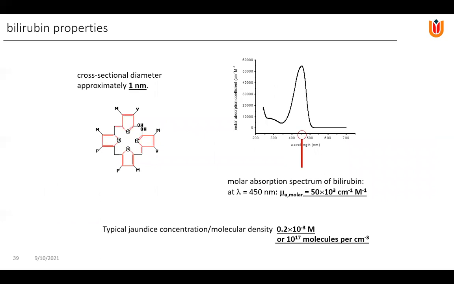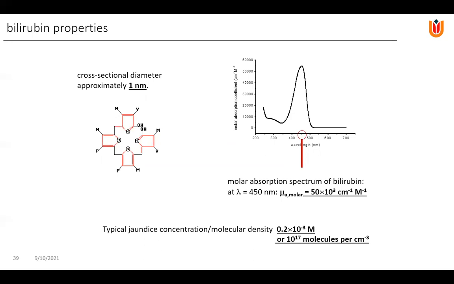So what do we know? What do we know about bilirubin? Well, a couple of things. So the cross-sectional diameter is approximately 1 nanometer. The structure apparently looks like that.